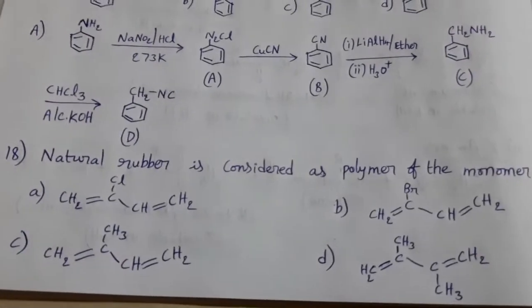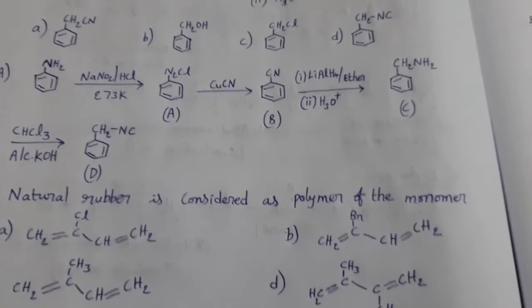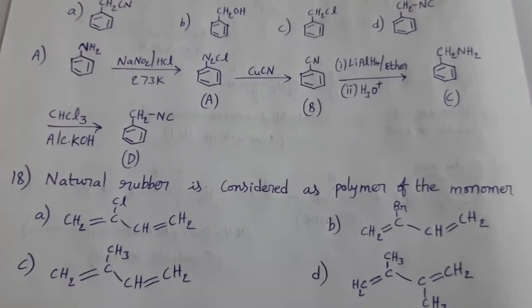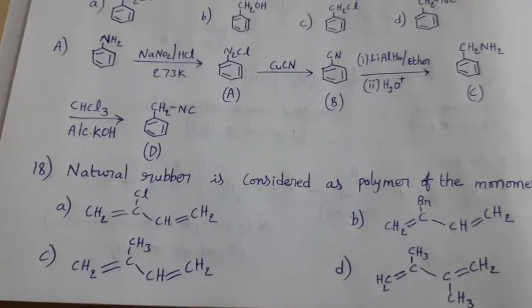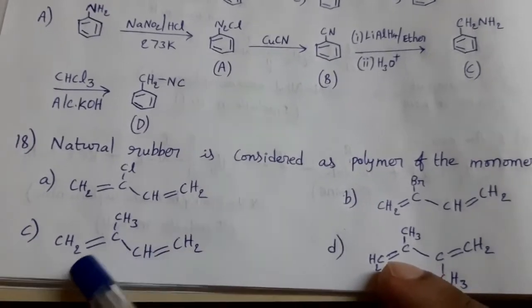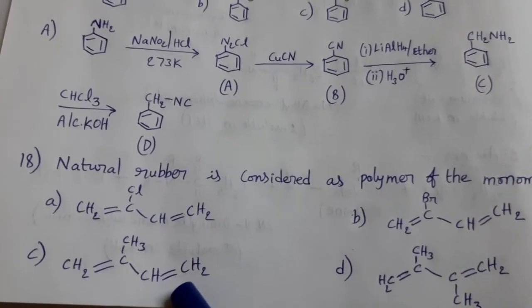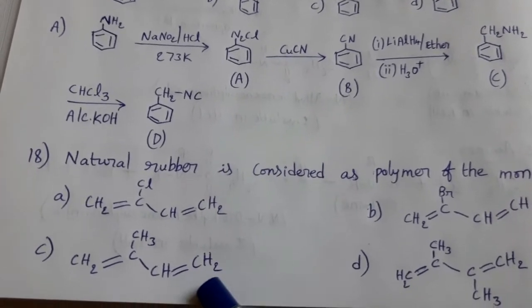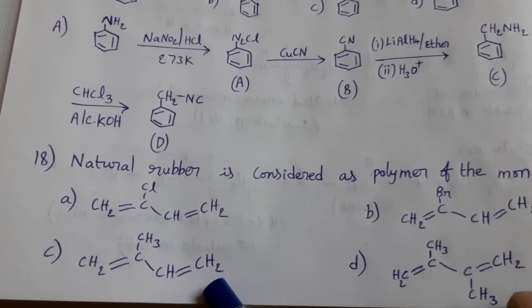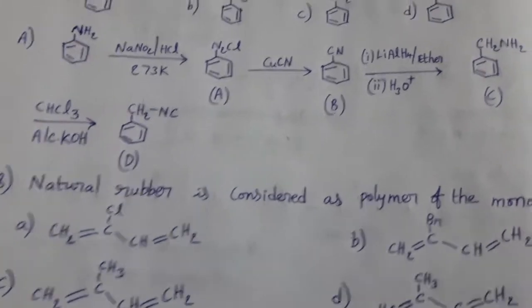Next, natural rubber is considered a polymer of which monomer? In natural rubber, what is the structure of the monomer? That is the question. 2-methyl-1,3-butadiene is the monomer present in natural rubber. This is also called isoprene. So the structure is C. For this question, option C is the answer.